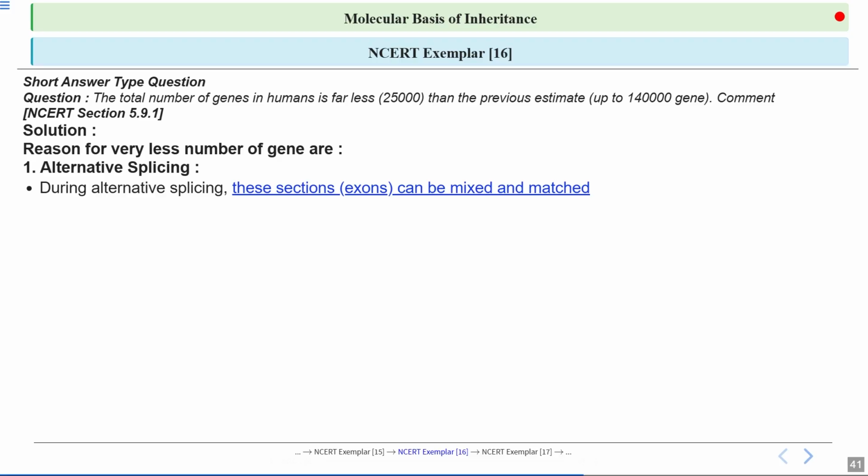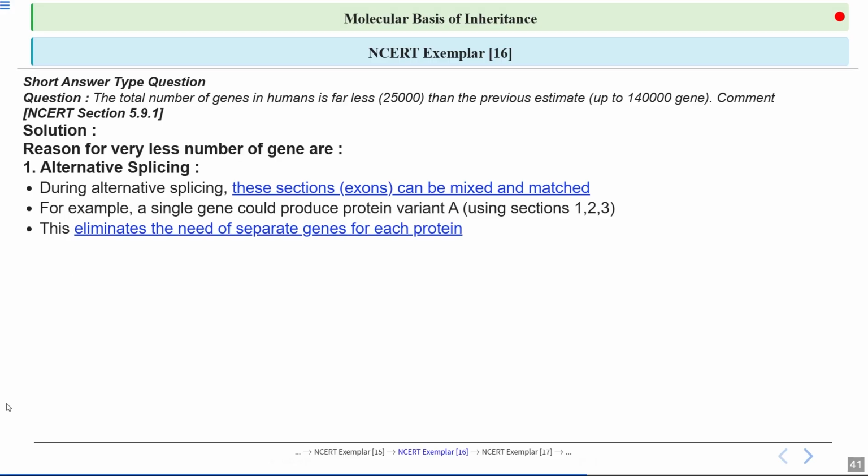So you have exon 1, 2, 3, 4, 5, 6. This can be one sequence. Then you can have exon 1, then exon 3, then exon 2, then exon 5, then exon 4. So these exons are mixed together, and different sequences are being produced, and these different variants produce different proteins.